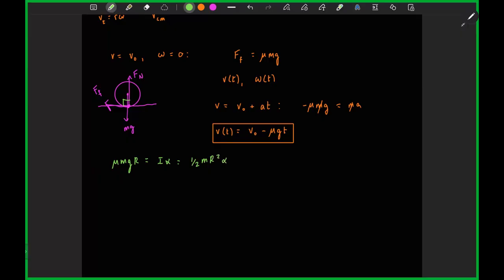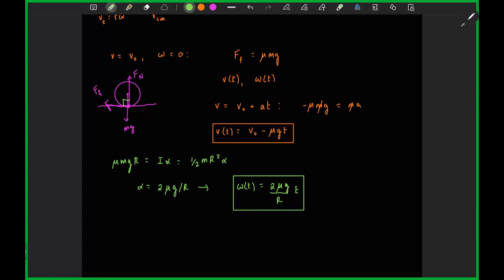Great. And so therefore alpha will be equal to 2 mu g over r. This then allows us to say that, since we're starting with 0 angular velocity, omega of t will be 2 mu g over r times t. And there we have it.